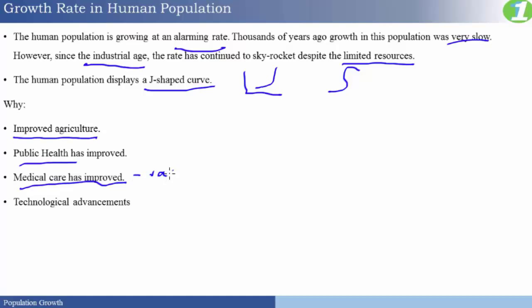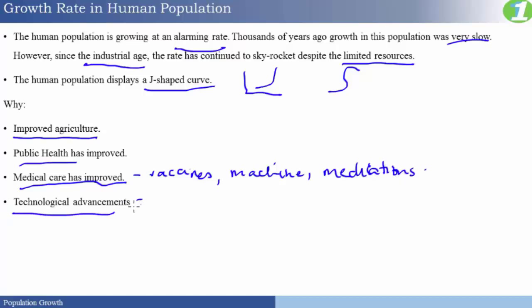We have vaccines. We have machines to help us in the medical industry. We have medications that are generated as well. And then there are other technological advancements that we use to make our work easier. And so there's less stress on our bodies, and we are able to function better. Like our tractors, cars, bikes, you name it.